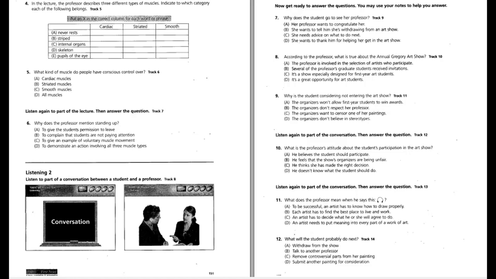Anytime, Maria. Number 11. What does the professor mean when he says this? I think at some point every serious artist has to decide where to draw the line. It's a personal matter. Number 12. What will the student probably do next?